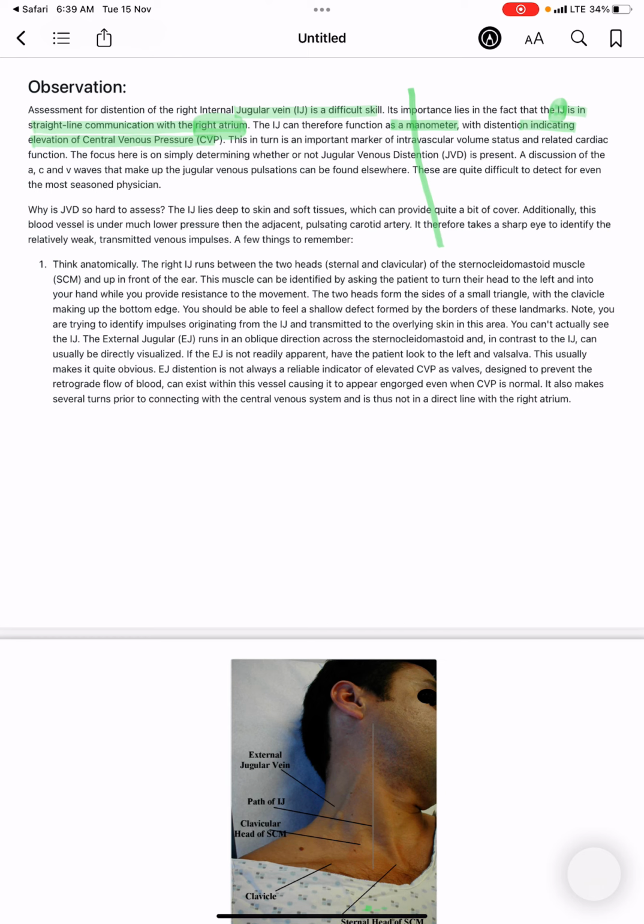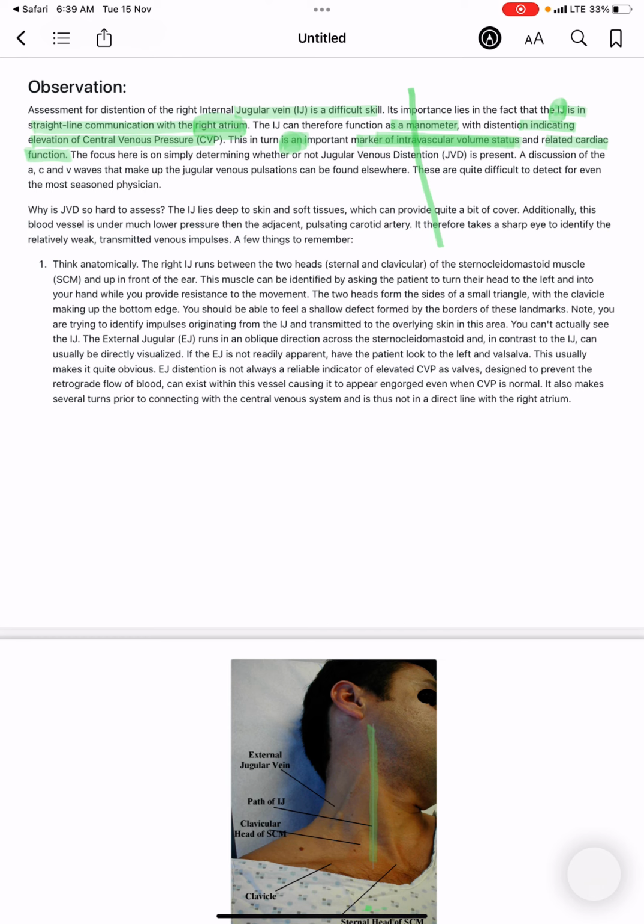So the JVP is an important marker of intravascular volume status and related cardiac function, because the internal jugular vein communicates directly with the right atrium.